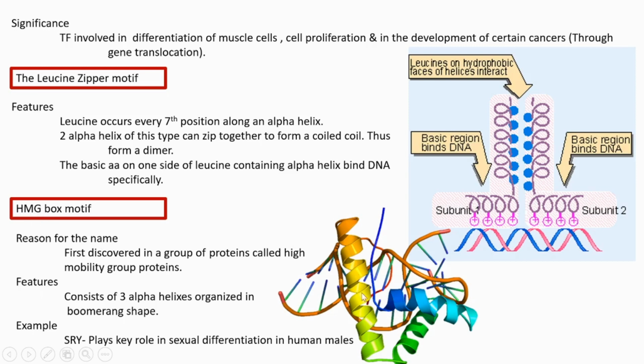It consists of three alpha helices, organized in the form of a boomerang shape. Boomerang, we know its shape, an arc-shaped structure. An example of an HMG box motif carrying transcription factor is SRY. SRY plays a key role in sexual differentiation in human males. If this transcription factor is absent, then the male develops with the features of a female.